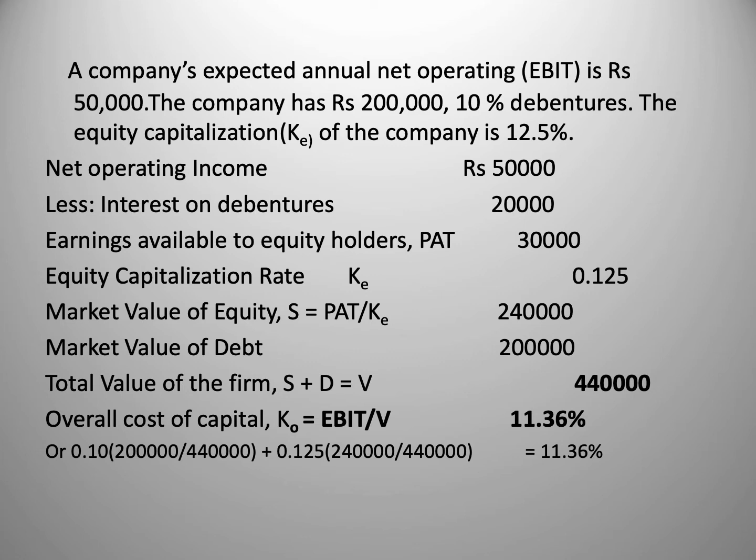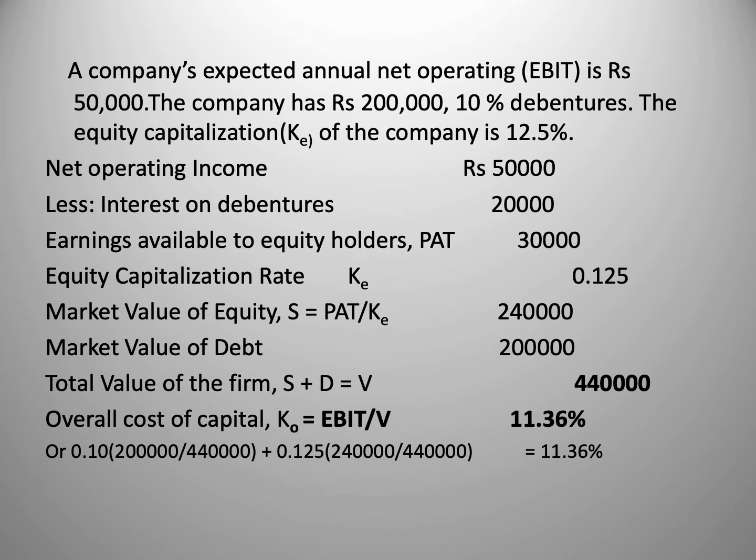So the earnings available to equity holders after the payment of interest are rupees 30,000, that is rupees 50,000 minus rupees 20,000, as tax is not given here. So all the earnings are available to the equity holders, right? The equity capitalization rate is 12.5%, so we will write it as 0.125.